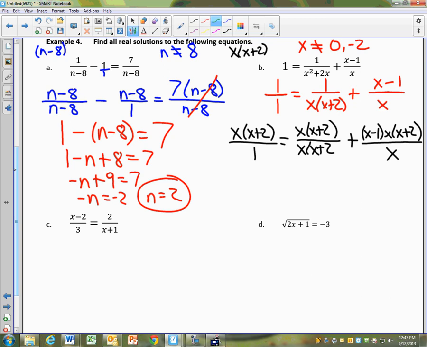Does anything cancel off from the first fraction? No. So you're left with that x squared plus 2x when you distribute it through. What crosses off in the second fraction? Everything. I get 1. What crosses off in the third fraction? X.